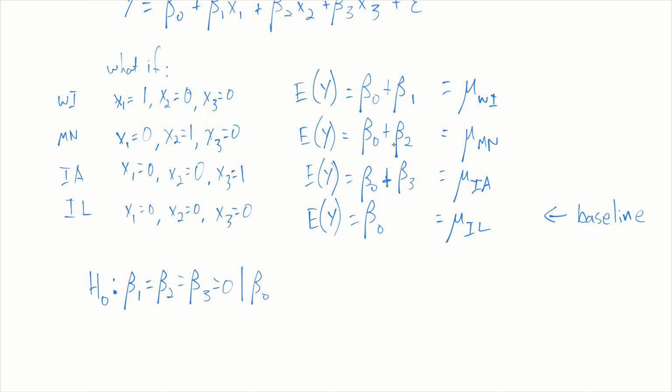If all three of these are equal to 0, this reduces to testing mu Illinois equal to mu Iowa equal to mu Minnesota equal to mu Wisconsin. Just like we saw in one-way ANOVA.